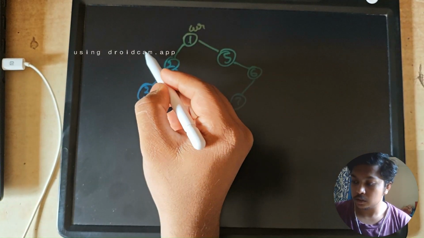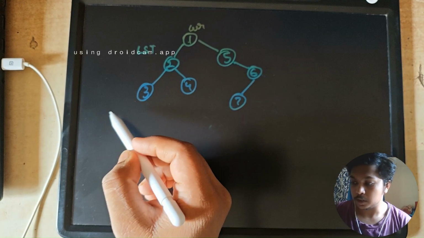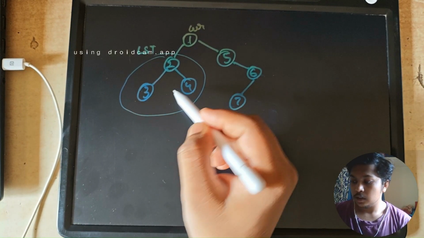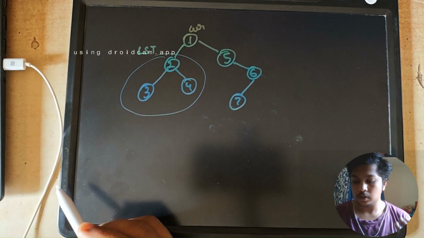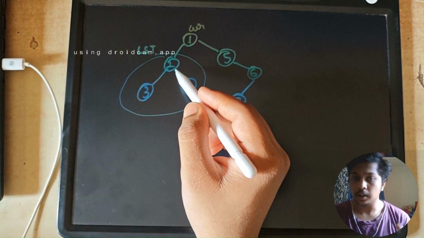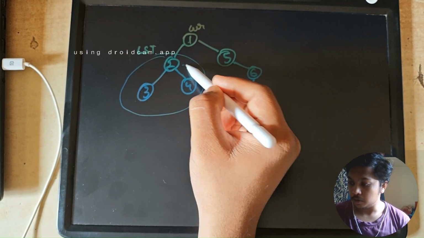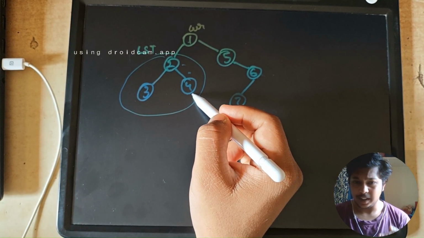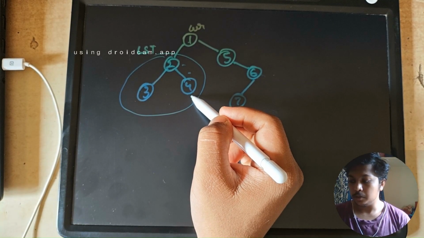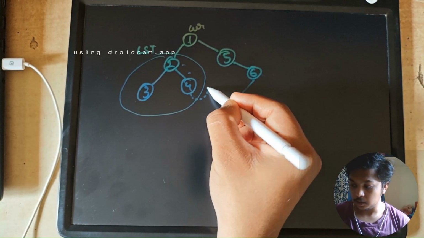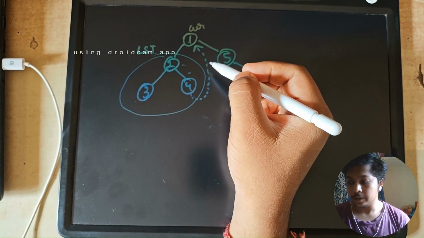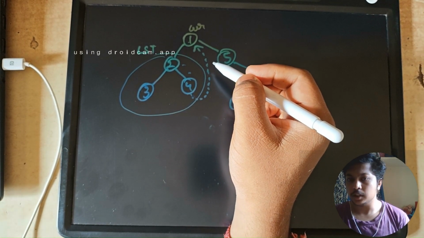Then we consider the left subtree and go to the rightmost not-null node in the left subtree. I go from here, and I see this is the last not-null node. So I will make a thread over here towards the current.